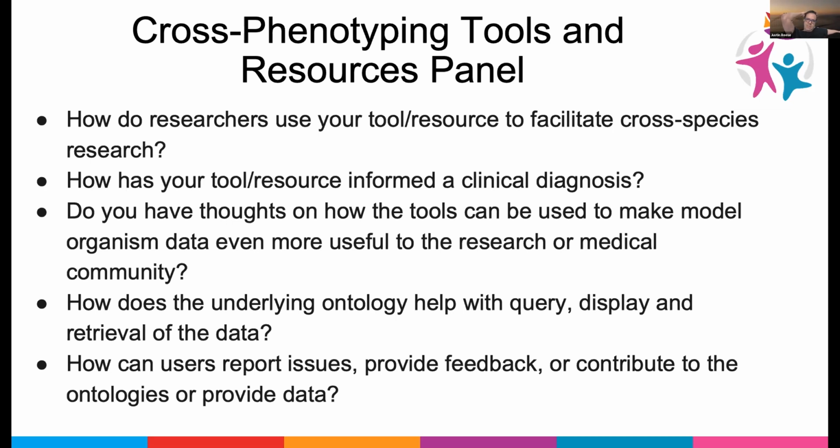It integrates data from at least 19 different species. All the big MODs are represented here, and we ingest from them on an updated monthly basis: ZFIN, FlyBase, MGI, IMPC, WormBase, probably too many to mention, and a lot of ontology resources that you heard about today, HPO, GO, and then a lot of human resources that are useful in this context too.